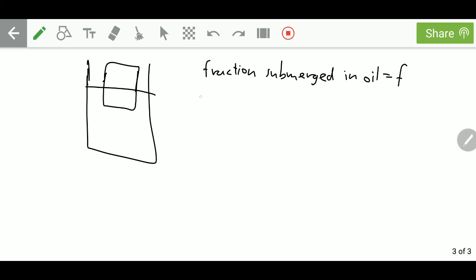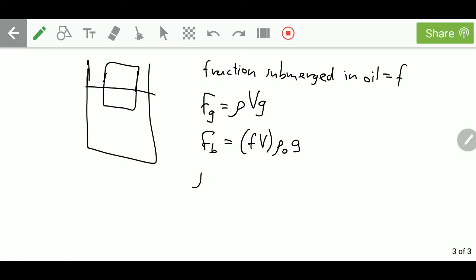Now the gravitational force is still rho Vg, but the buoyant force is just the amount of oil that is displaced. The volume will be the fraction times the total volume, so SV, multiplied by rho of oil times g. Setting these two equal, rho Vg is SV times rho oil times g. Again, V and g cancel out.